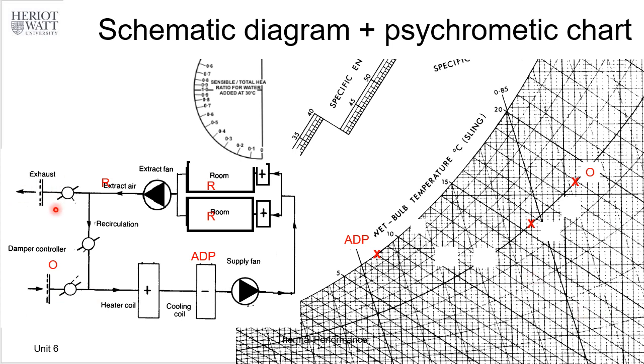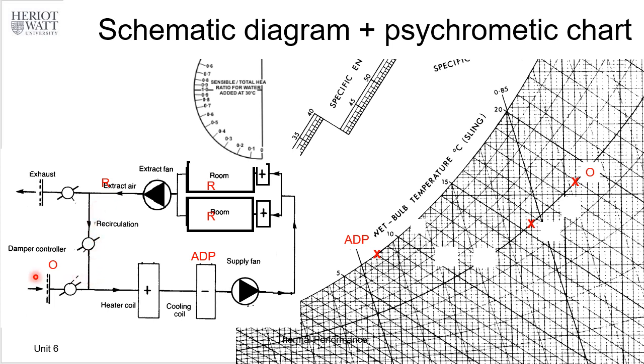Now, if you look at this system, the room air is drawn by this extract fan, so it maintains the same state. And then, by three synchronized dampers, we can determine how much of it will mix with the fresh air.